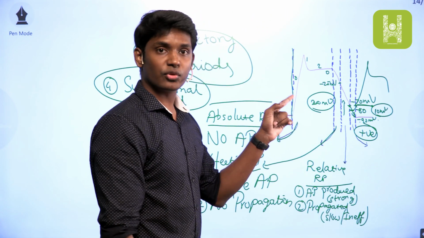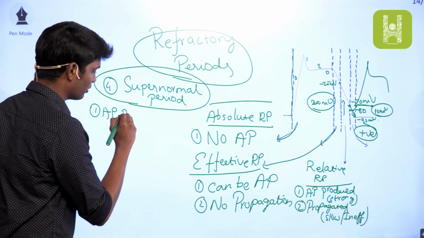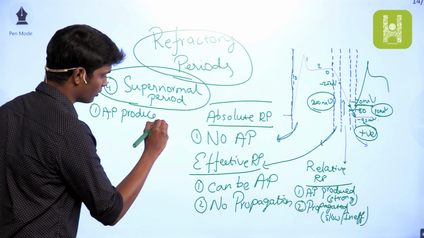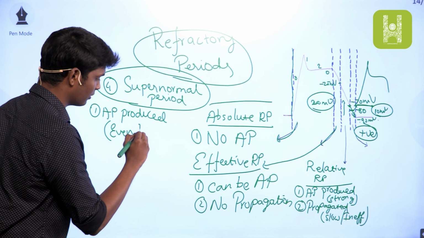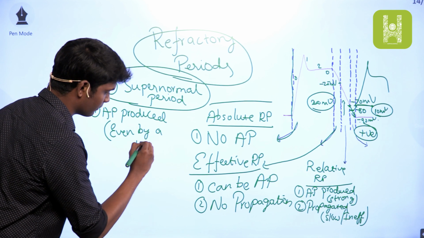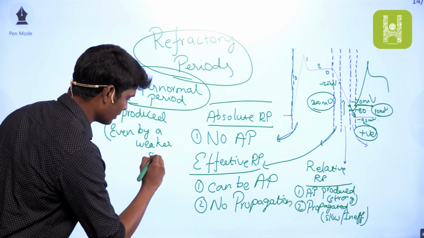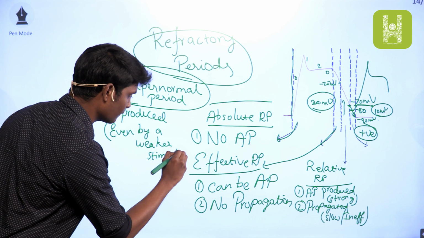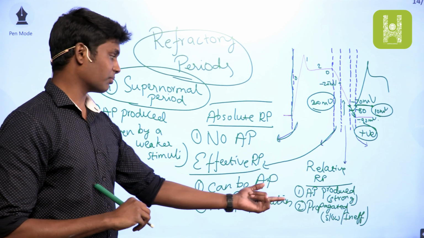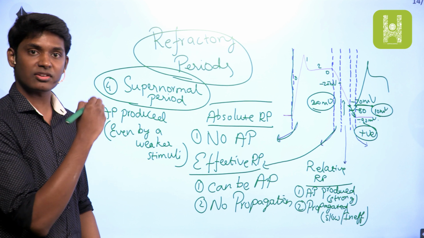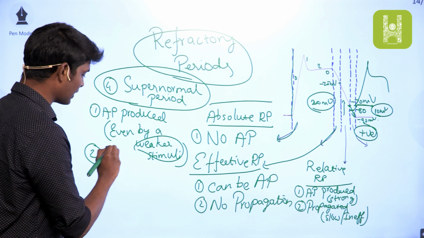Okay, that is the importance of supernormal period, where AP, action potential, is produced even by a weaker stimulus. Whereas in relative refractory period, the AP is produced by a strong stimulus, whereas in supernormal period, action potential can be produced by a weaker stimulus also, and obviously when AP is produced, it can be propagated also here.